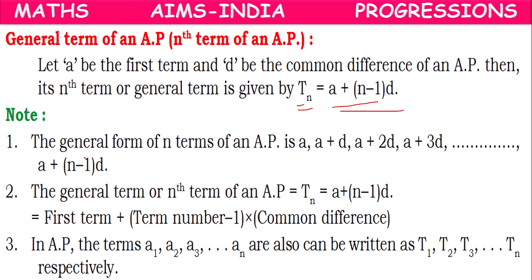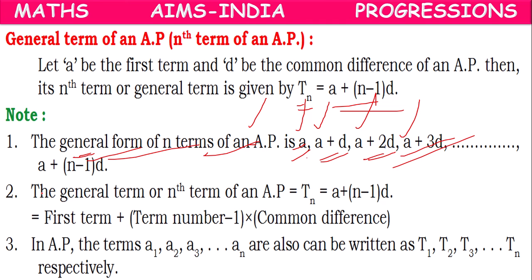So the general form of terms in the AP will be: first term always a, second term a + d, third term a + 2d, fourth term a + 3d, and nth term a + (n - 1) d. In this way, the terms of an AP are defined.